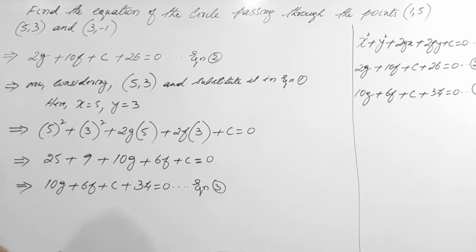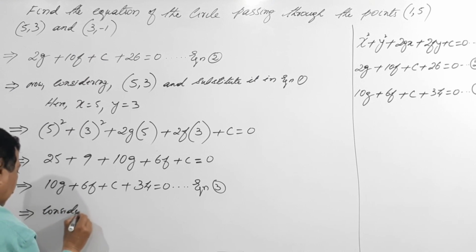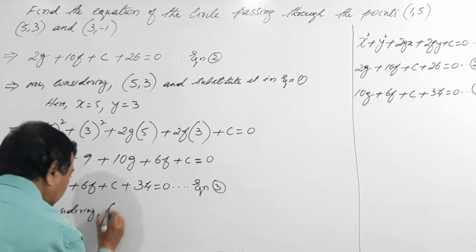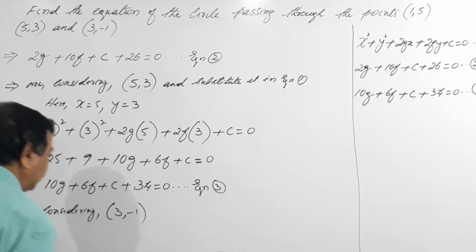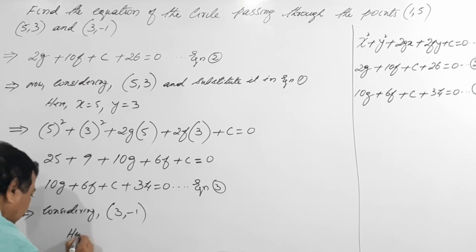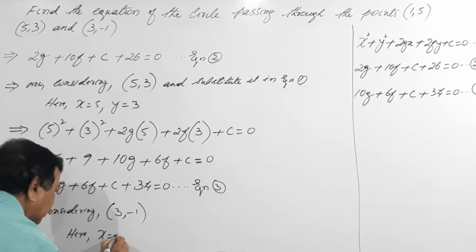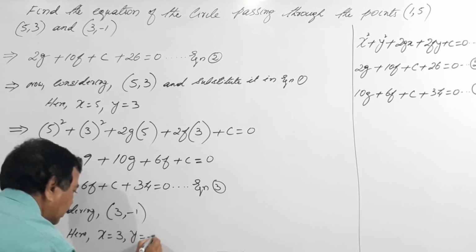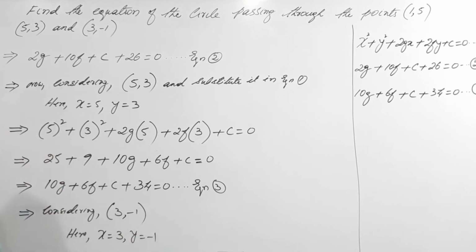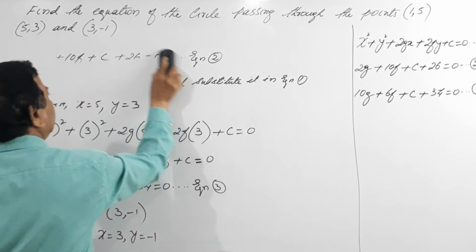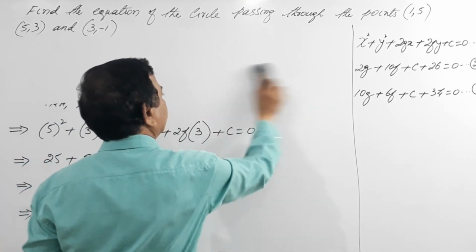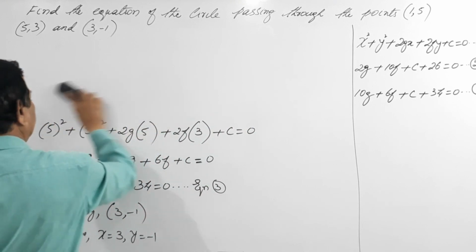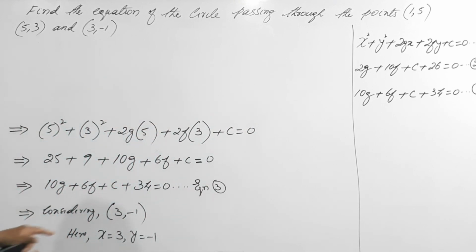So next, considering (3, -1). Here x equals 3, y equals -1.